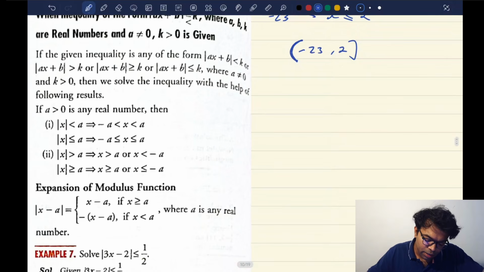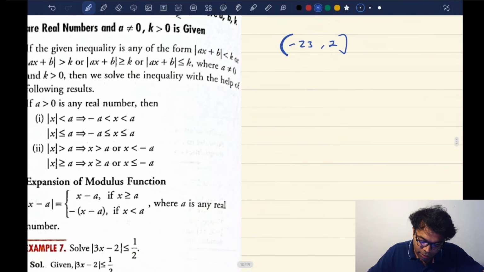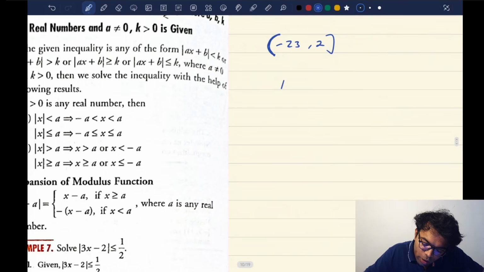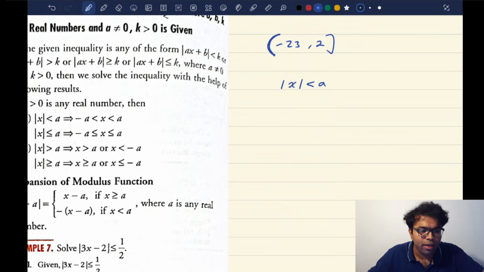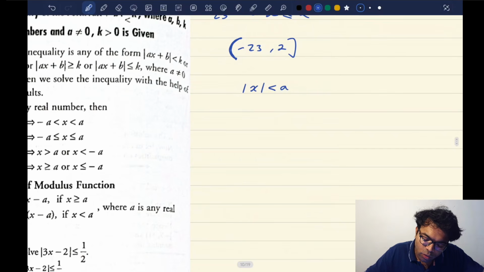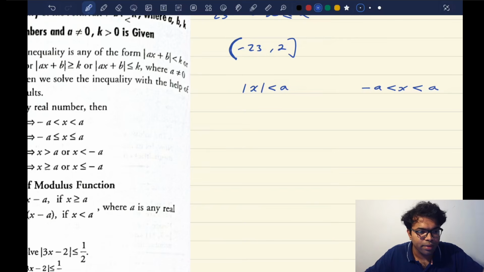Now, if you have modulus of x is less than a, when you open it up, what happens? You get minus a is less than x is less than a. Basically this is how you look at it.